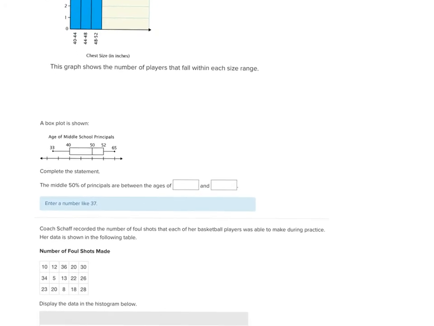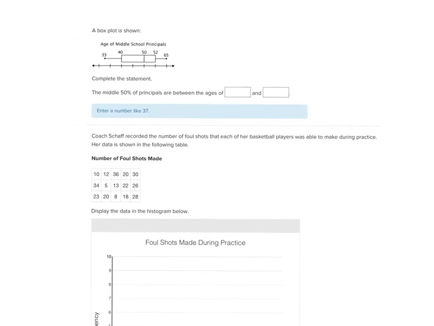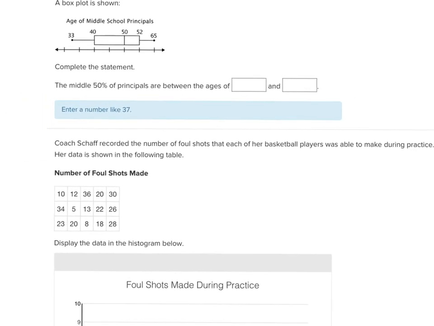Next question. Box plot shown. Complete the statement. 50% of the principals are between the ages of... There's a lot of choices here. Since a box plot separates things into quartiles, each quartile is 25% because it's a fourth of the data.